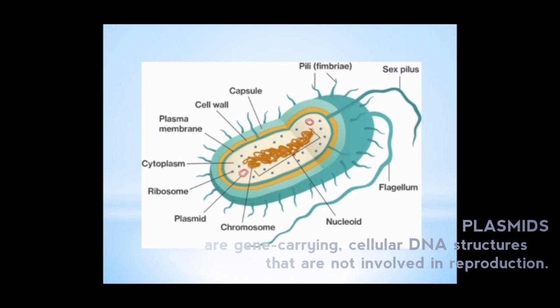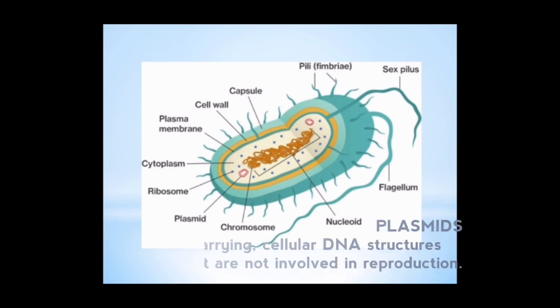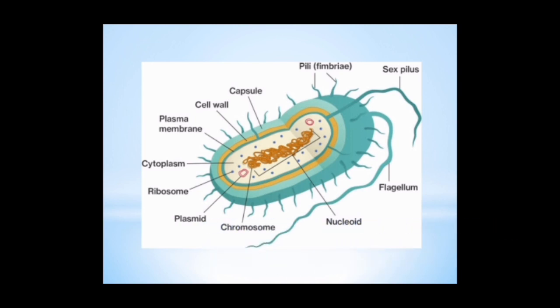For most plasmid types, copies in the cytoplasm are passed on to daughter cells during binary fission. Other types of plasmids form a tube-like structure at the surface called a pilus that passes copies of the plasmid to other bacteria during conjugation.